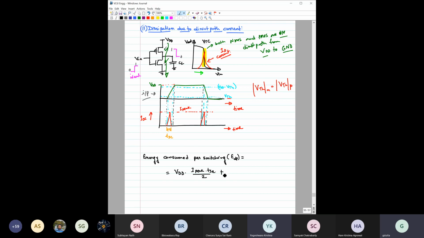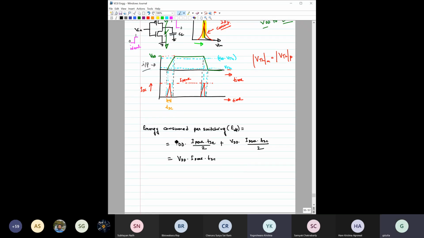During the fall part, if they are symmetric, it should also be the same, T of SC by 2. So the two parts together, if they are symmetric, give the energy consumed in part switching. Now, what would be the power?